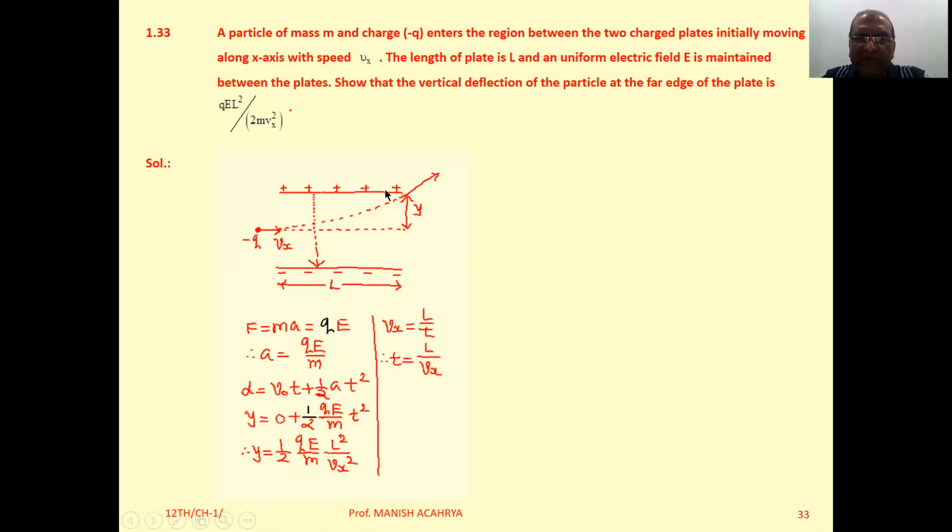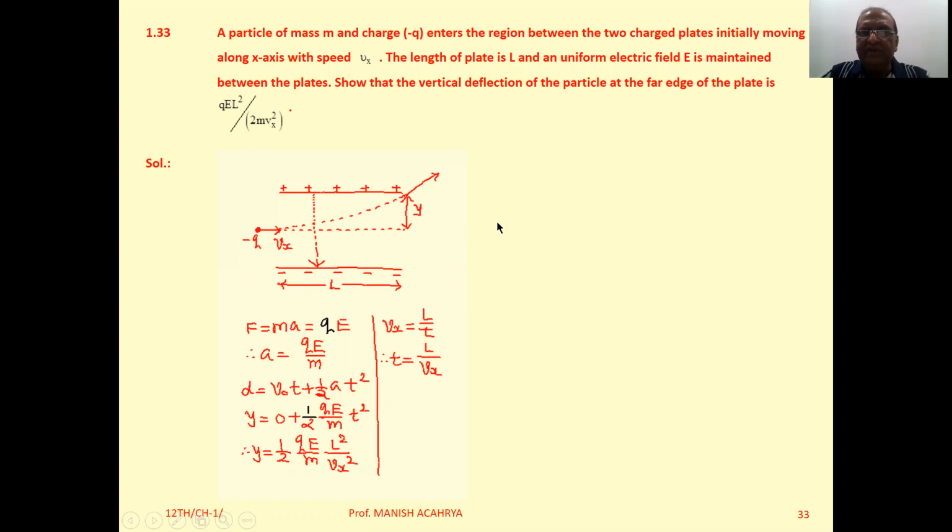Upper plate is positively charged, the lower one is negatively charged. Electric field, that is from positive to negative, means vertically downward. And now charge minus q enters this field with initial velocity vx in x direction.